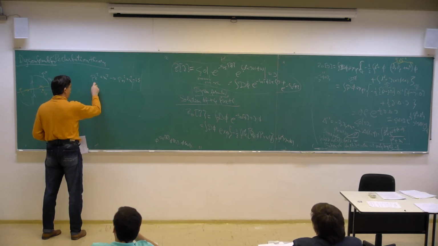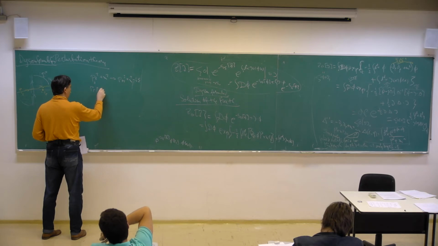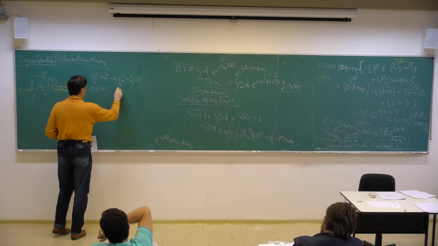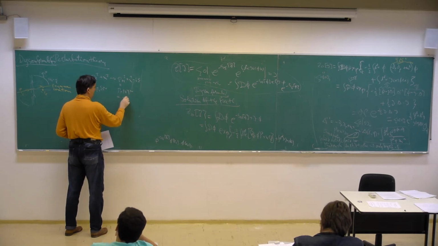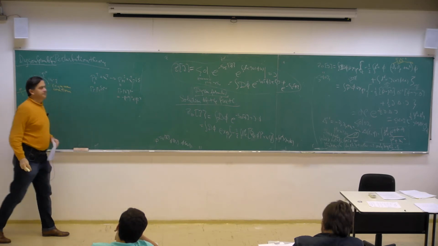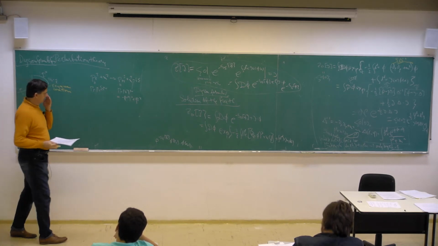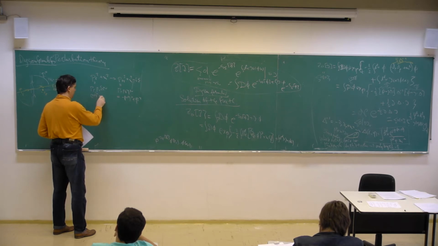But of course, this means p^mu eta_mu, that is to say minus p0 squared plus p vector squared. Right. So this is, let's say, p4 squared plus p vector squared.